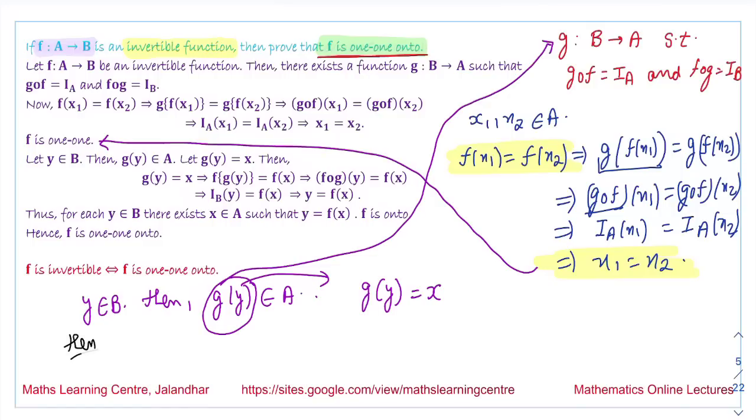Then we have g of y is equal to x. This implies f of g of y is equal to f of x. Now what is this term?